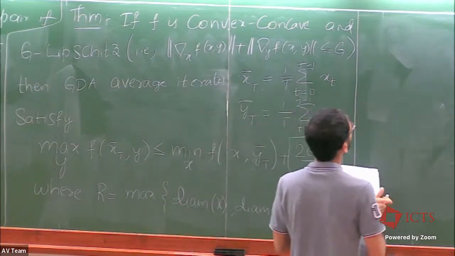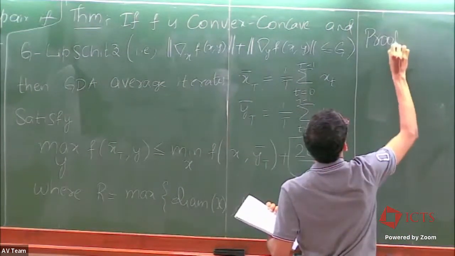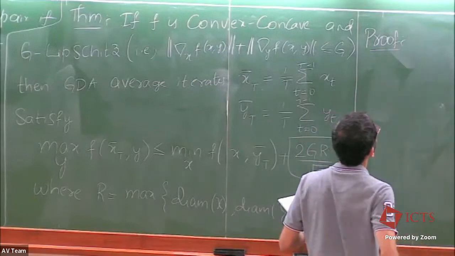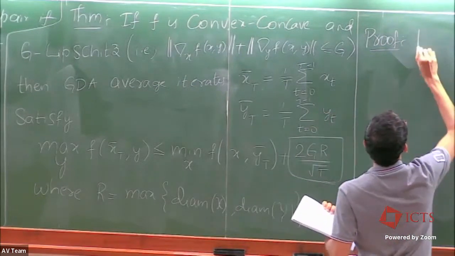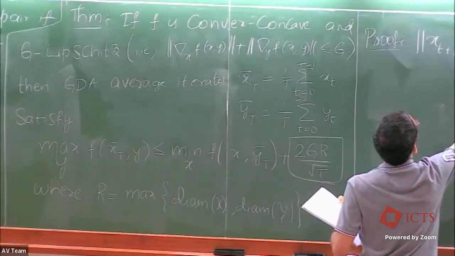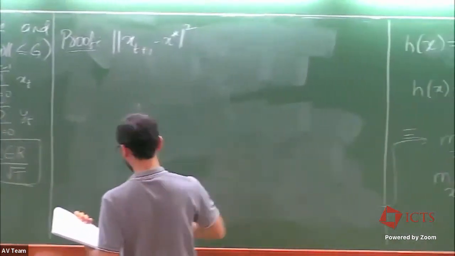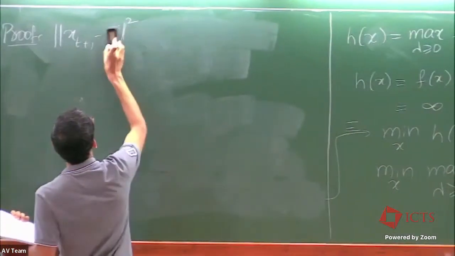Given that we have done the proof of gradient descent, this also follows along very similar lines. The idea is the following. We have x t plus 1 minus x star squared, or rather there is no x star here, so let's just consider any x.